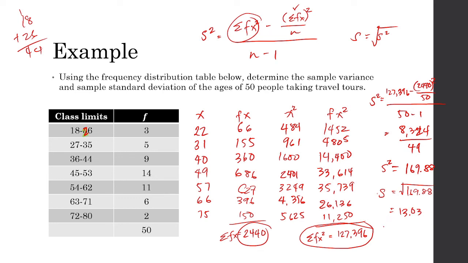Okay? So in here, our sample standard deviation will be our 13.03, and our sample variance will be 169.88.